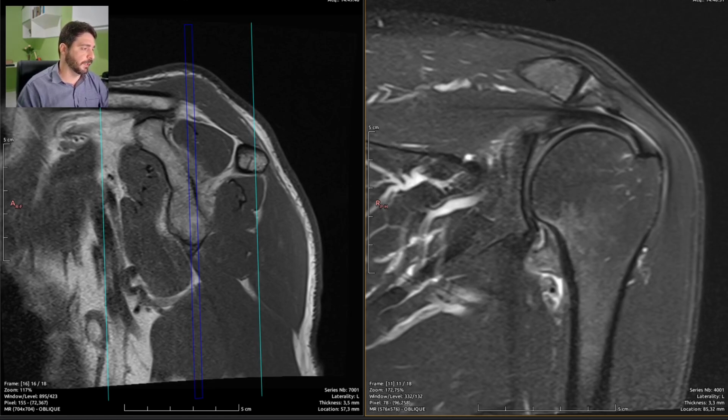We have a heterogeneous hyperintensity signal on the supraspinatus, the infraspinatus and the subscapularis tendon. Teres minor is fine.